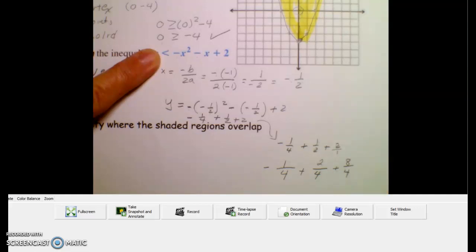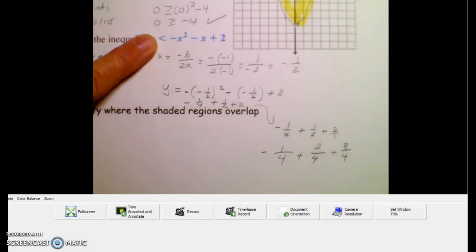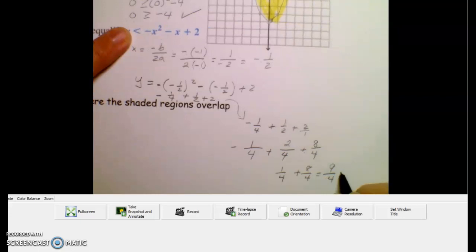So 8/4 is the same thing as 2. Now we're going to add. -1 plus 2 is 1/4, plus 8/4 equals 9/4. Okay, 9/4 is 2 1/4.